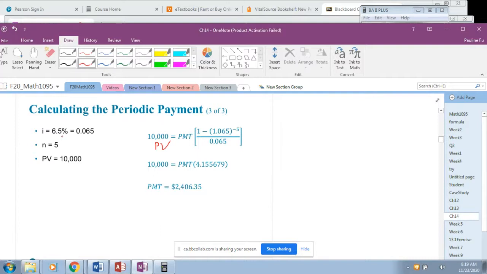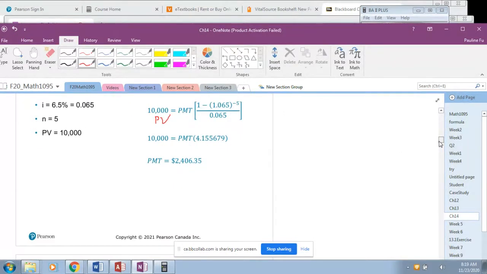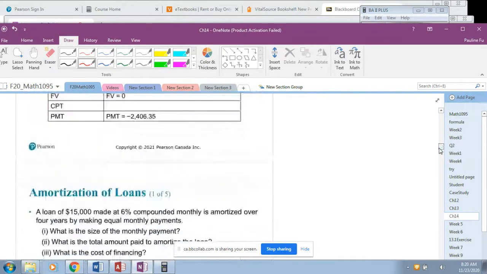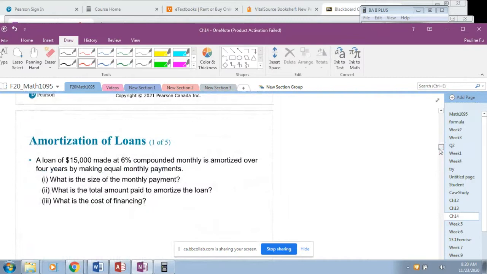When you use the calculator, I is 6.5. This number agrees with our calculator method. So this is a typical example of when you borrow money, how much you are going to pay each year or each month. And we introduced the calculator steps.